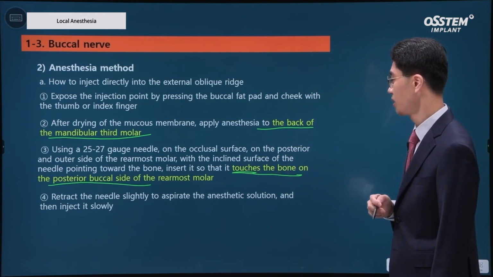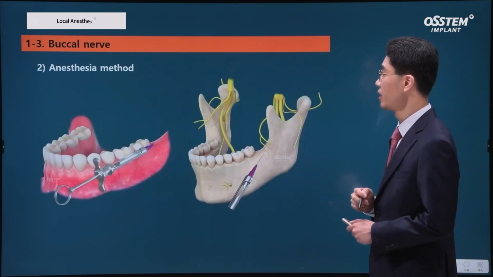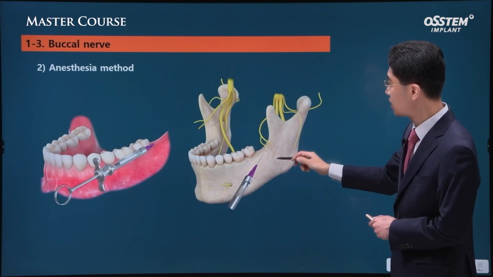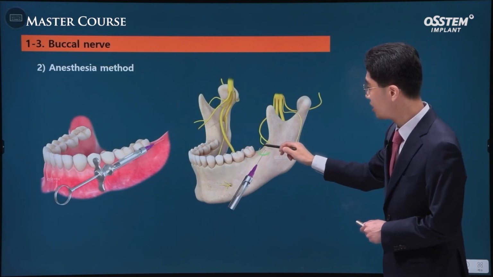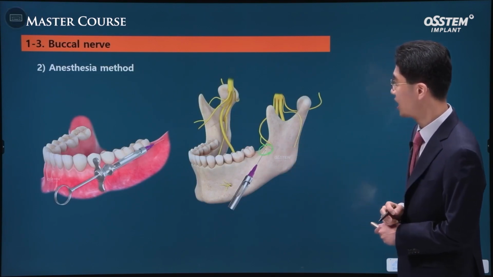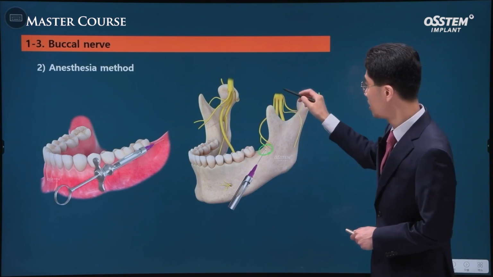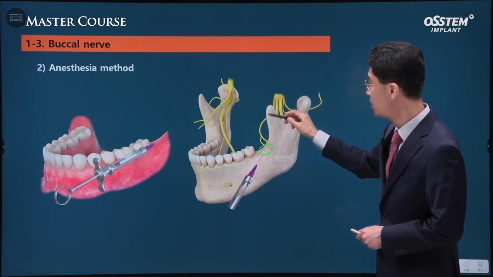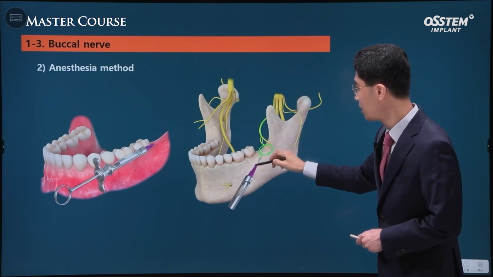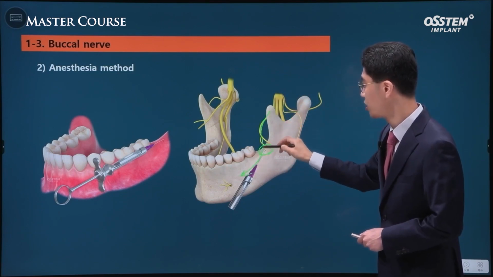If you look at the image, the position is here where the needle should be inserted. The buccal branch of the mandibular nerve, we know already where this is positioned.